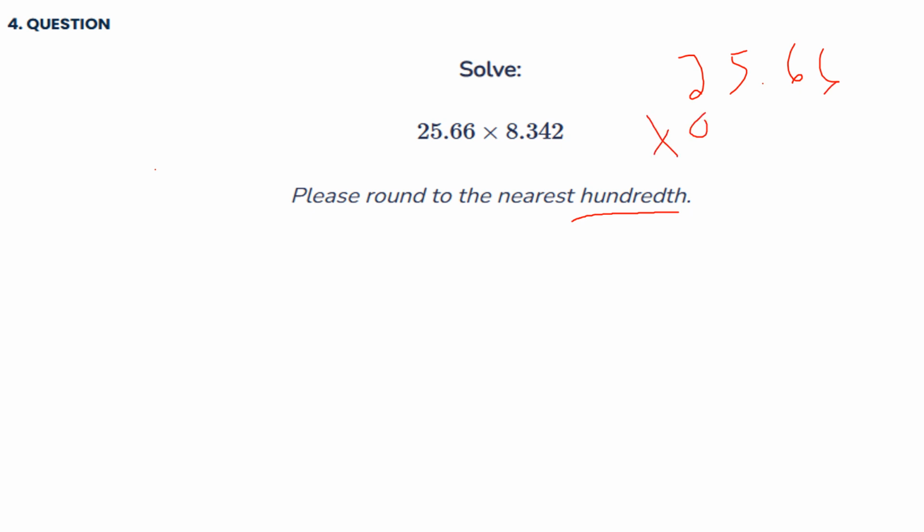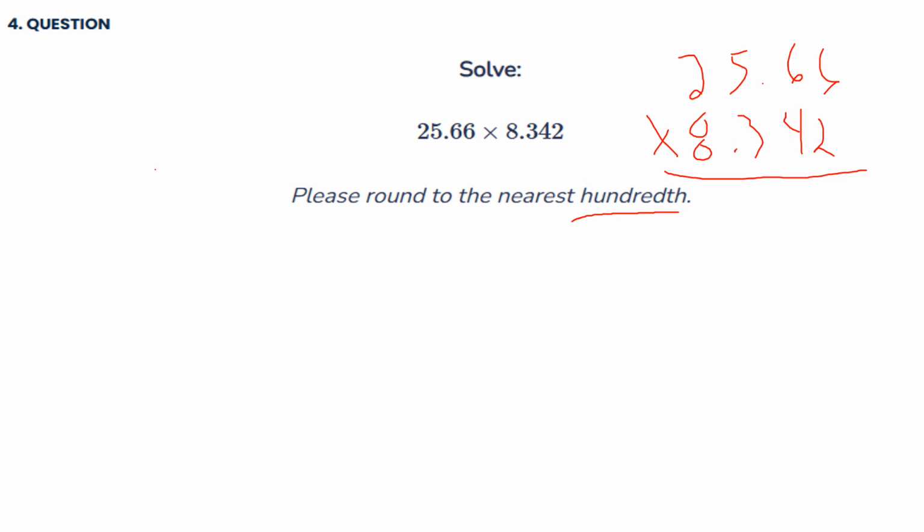One thing about multiplying numbers with decimals in them, you don't have to line the decimal points up. The decimal place becomes important once you do your multiplication. So you'll see once we do this multiplication.